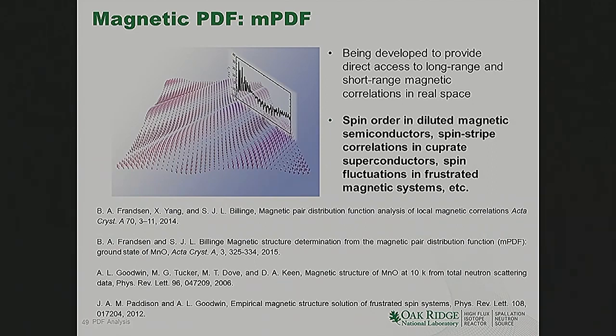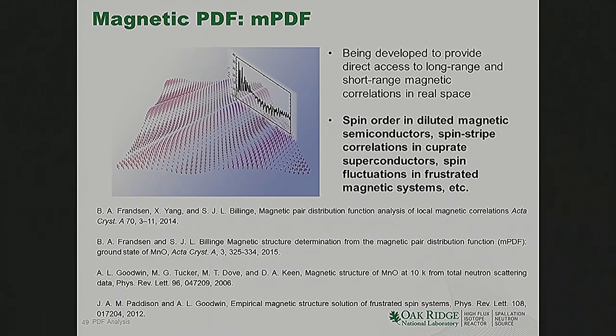And so Ben Frandsen in Simon Billinge's group spent a lot of his PhD in the last few years following up on some work that Matt and Andrew and David and Martin Dunn had done with the reciprocal space total scattering structure functions in figuring out what the math associated with magnetic PDF scattering is.